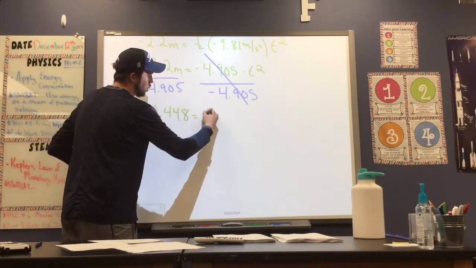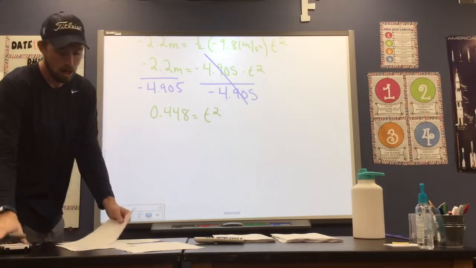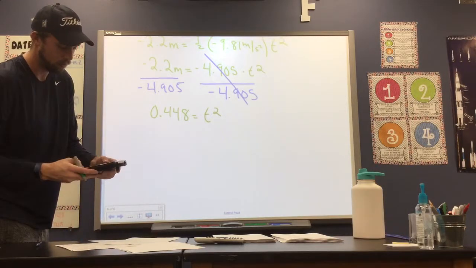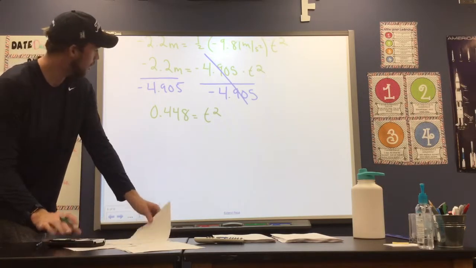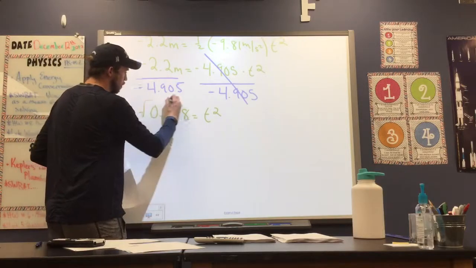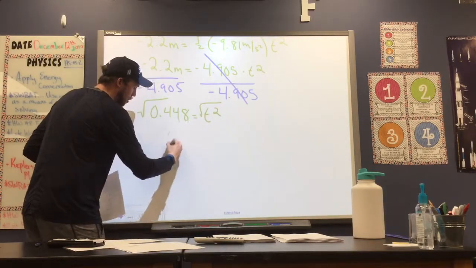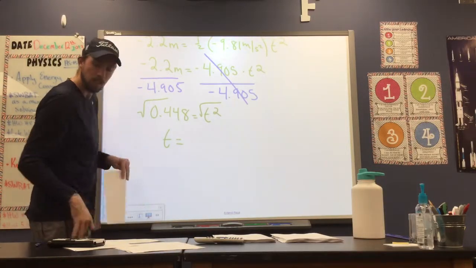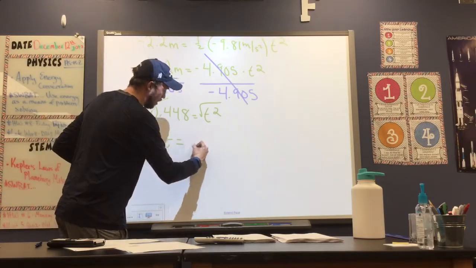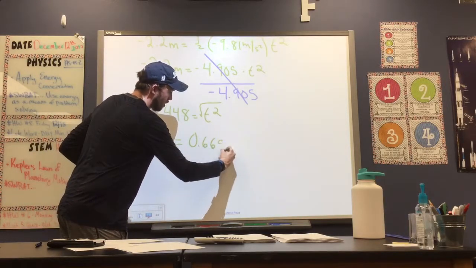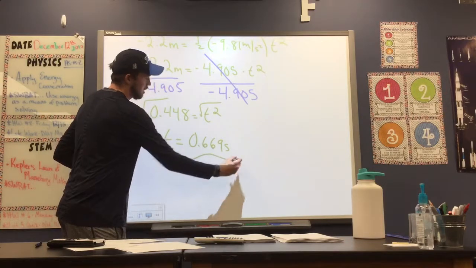Don't forget, that is equal to our time value squared. So I take the square root on both sides of my equation, and that leaves me with t equal to about 0.669. That time value is expressed in seconds.